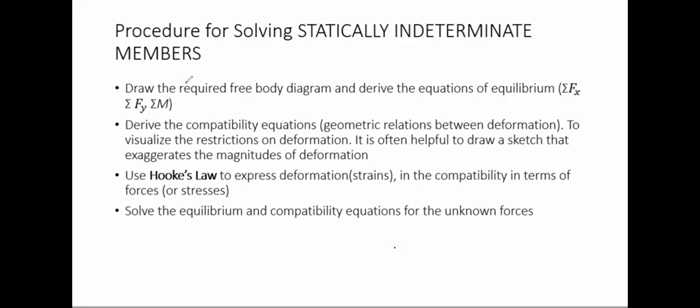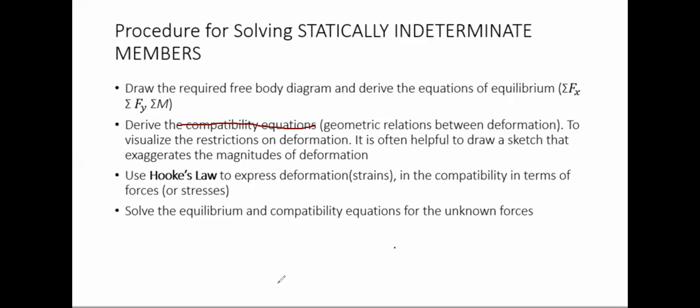So, next tayo, derive the compatibility equation. Technically, maghahanap tayo kung ano yung mga equal within our problem. Mostly, guys, sa compatibility equations, ang madalas lumalabas dyan is yung deformation of the two objects. Siyempre, we always assume na equal yung deformation nila.